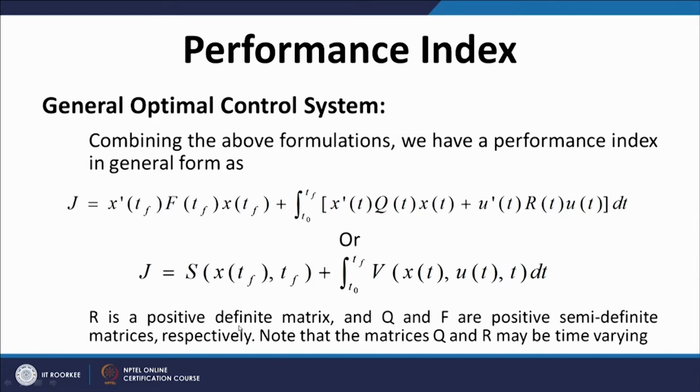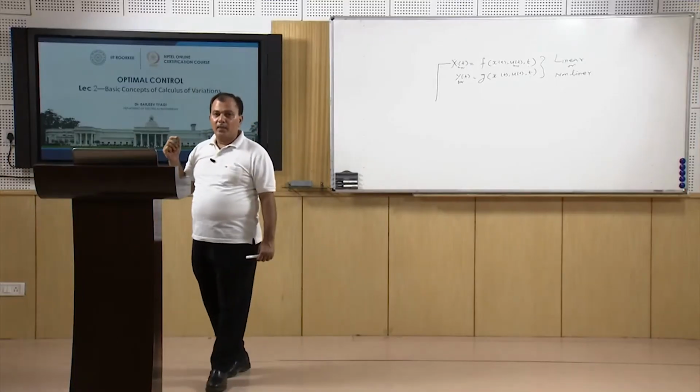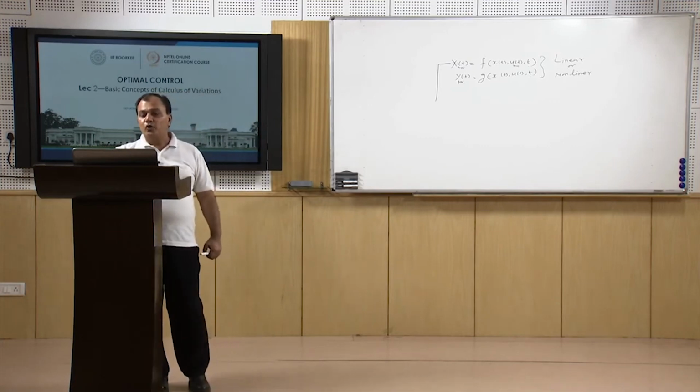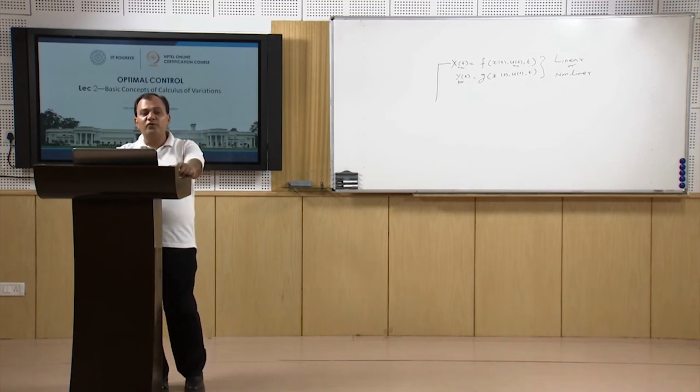In this case R will be a positive definite matrix, as we have discussed. Q and F. What is the Q? Q gives the weight to my error, and in this case I can give a 0 weight to some of the error, but I cannot give negative weights. So, my Q may be a positive semi definite matrix.